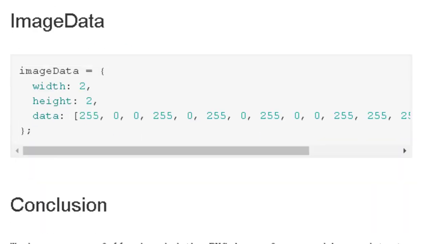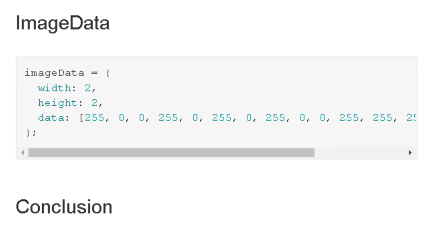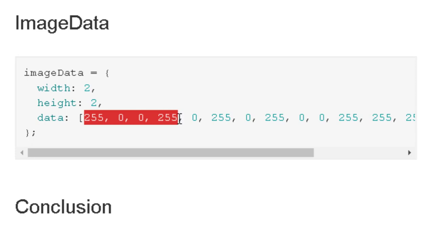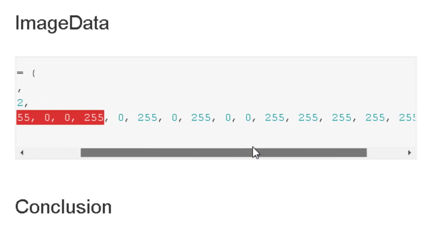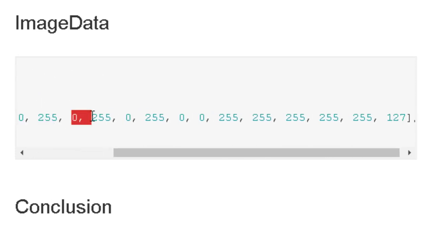So the output is image data. imageData equals open curly brace, width: 2, comma, height: 2, comma, data colon. We're going to open up our array literal, and we're going to pack 255, 0, 0, 255. So this would be our first pixel. Then we're going to pack in 0, 255, 0, 255.